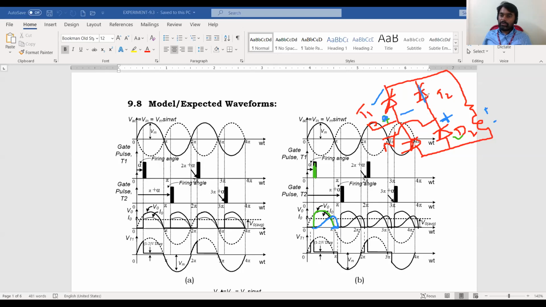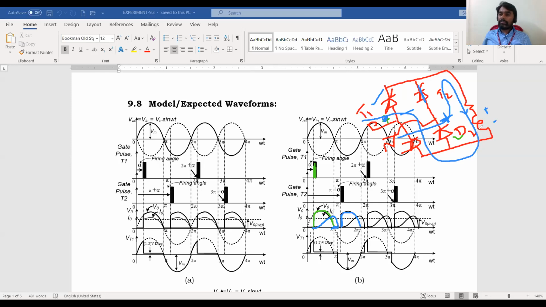So I can trigger T2 at this particular instant. From this point on, the output voltage follows the input voltage. And if you want to see the current, it is taking the path from N positive to T2 anode, L, D1 anode, sorry, P negative. So this is the direction of current.